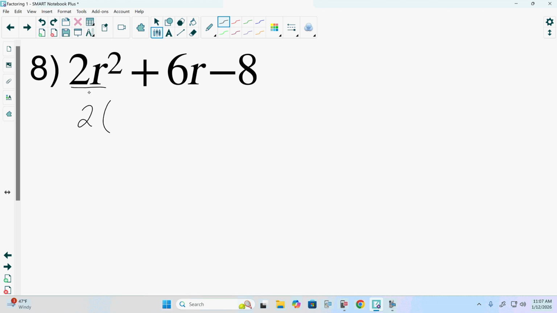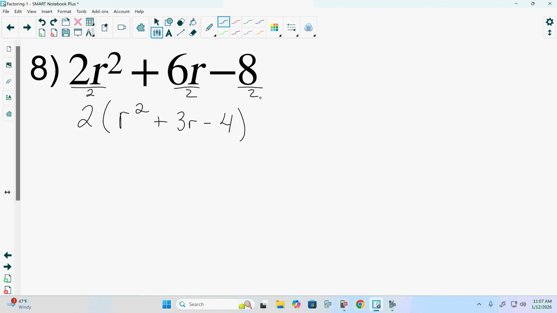Because if I divide 2 out of 2r squared, we're left with r squared. If we divide the 2 out of 6r, 6 divided by 2 would be 3r. And our 8 divided by 2 is 4. Now we still need the 2 out front.